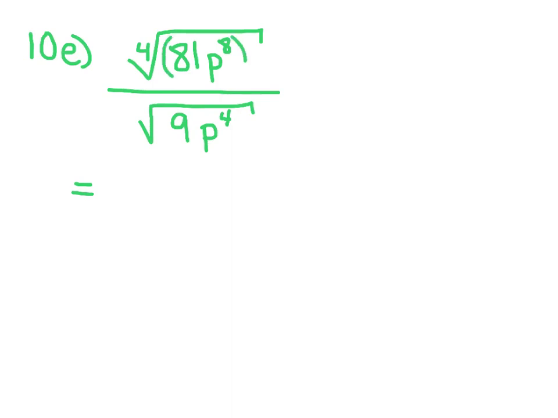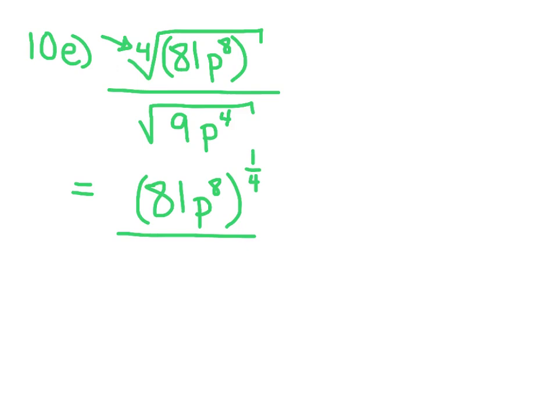Actually, you're wrong in that respect, because this 81 p to the power of 8, remember what this actually means. The fourth root is the same as writing to the power of a quarter. We know that from looking at that lesson. And so this is 81p to the power of 8 all to the power of a quarter.